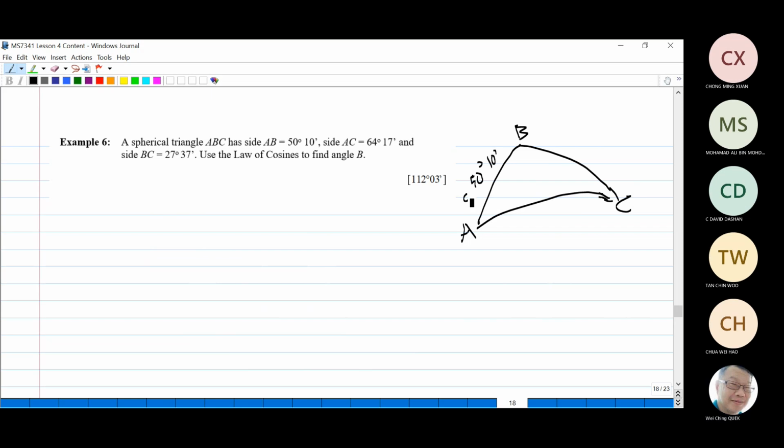And AC is 64 degrees 17 minutes, this is side b.